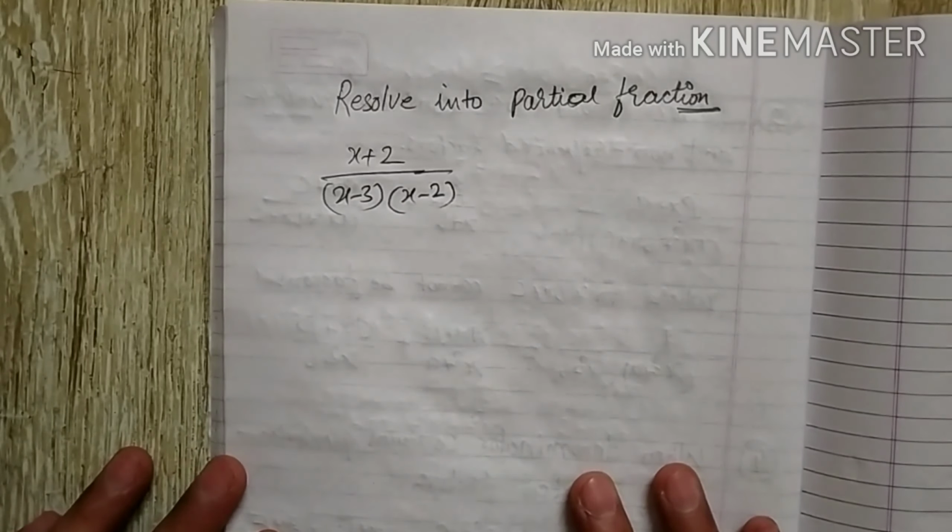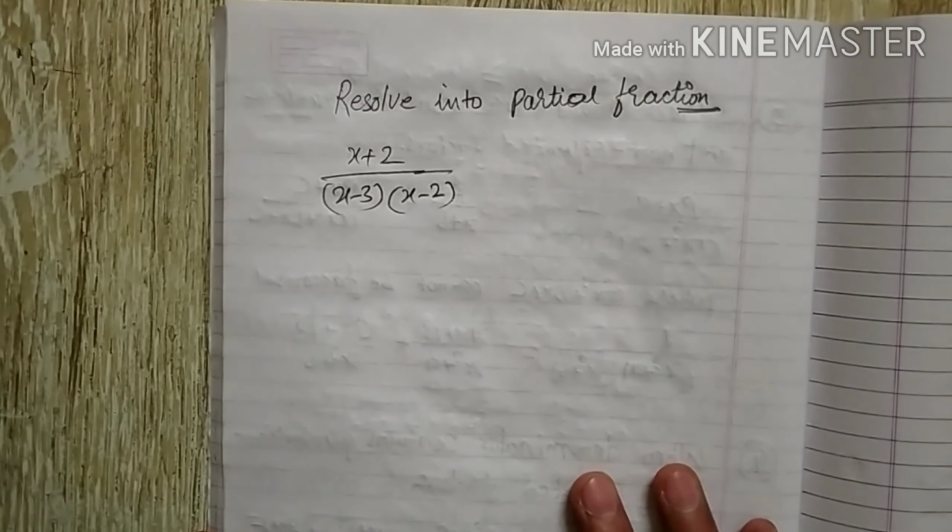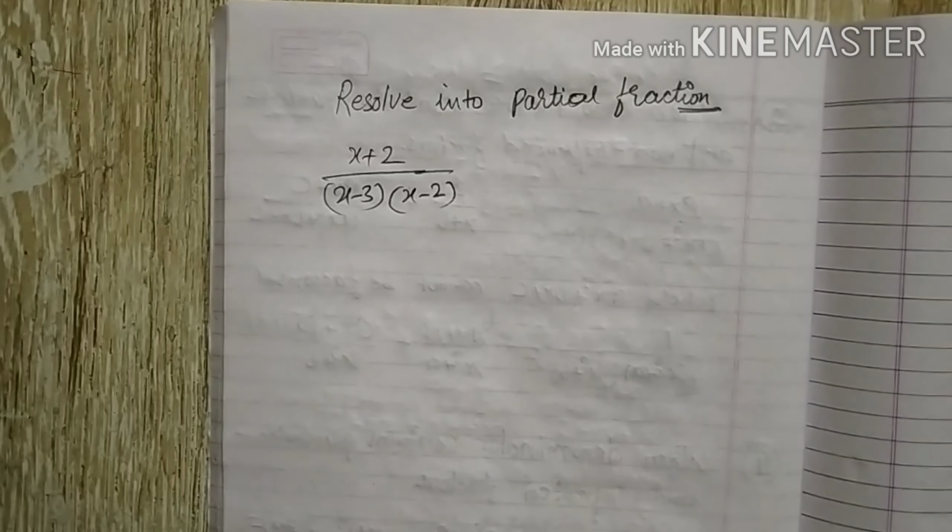See this, students, I took one question so that you can understand how to resolve a rational fraction into partial fractions. My dear students, it should be remembered: first of all, we have to check whether the fraction is proper or improper.